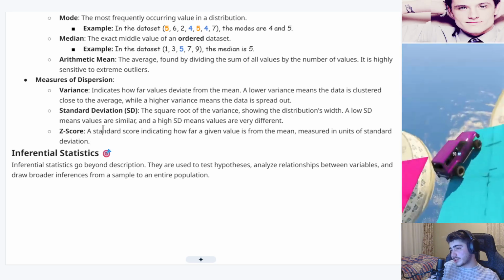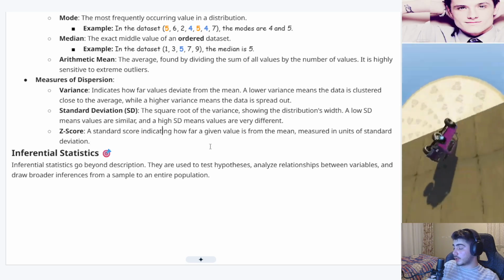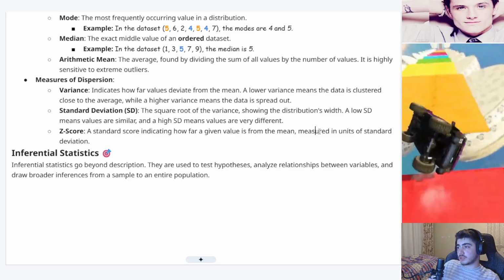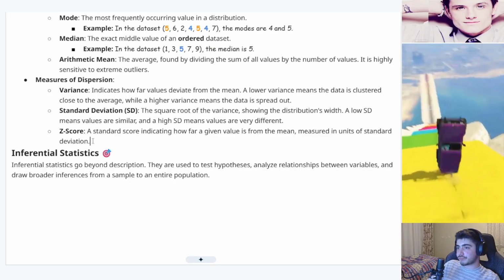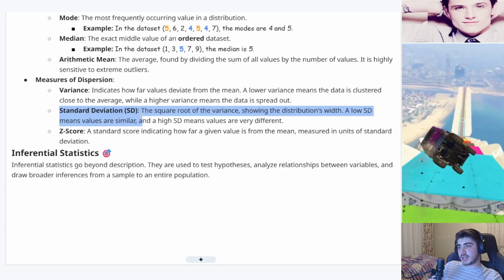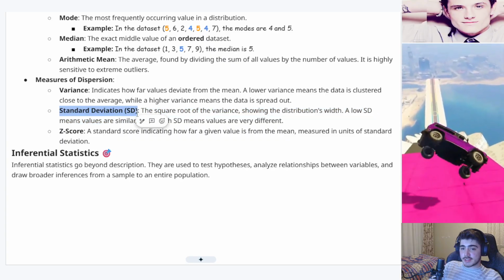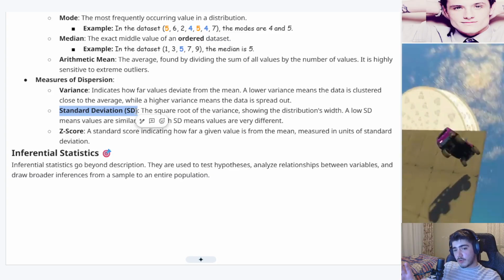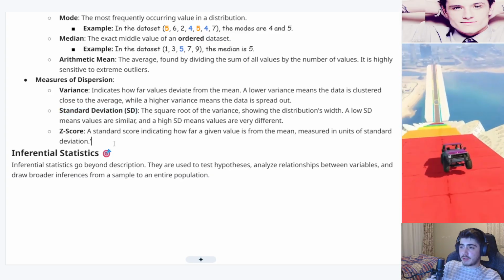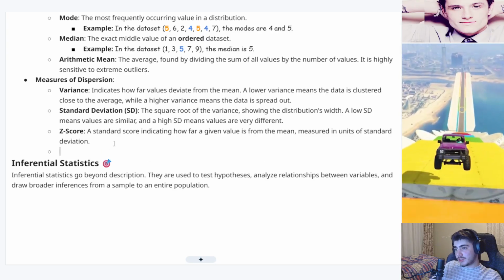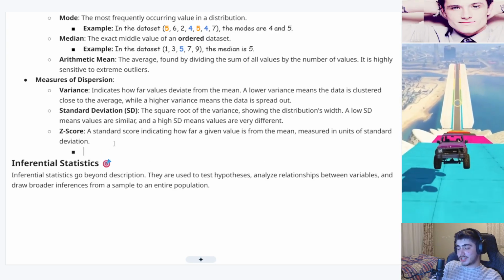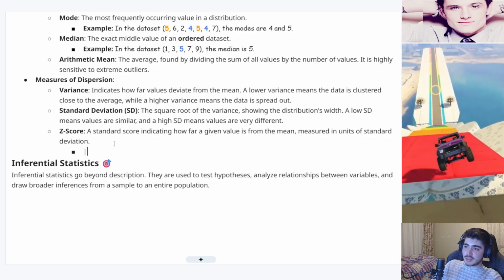The z-score is a standard score indicating how far a given value is from the mean, measured in units of standard deviation. So you assign 0 as the mean, and how far away a value is in standard deviation units is the z-score.